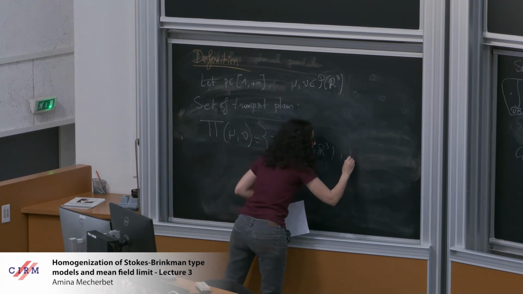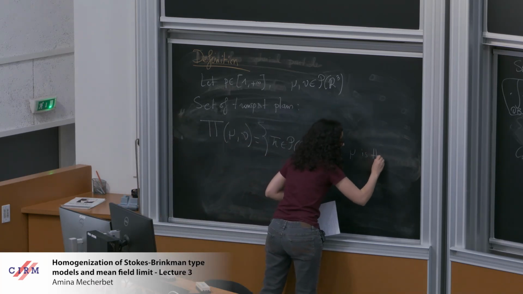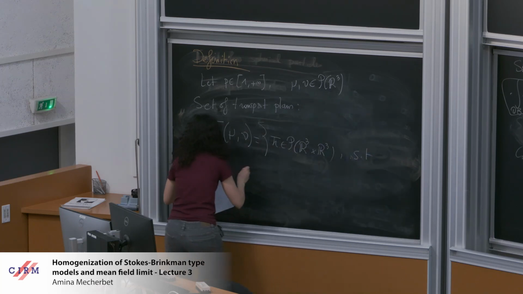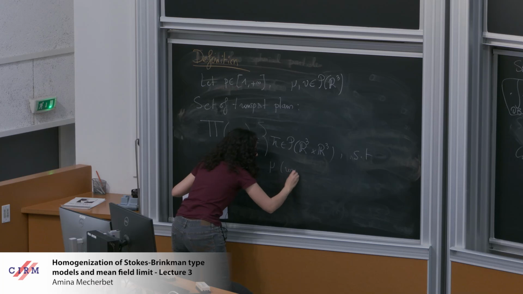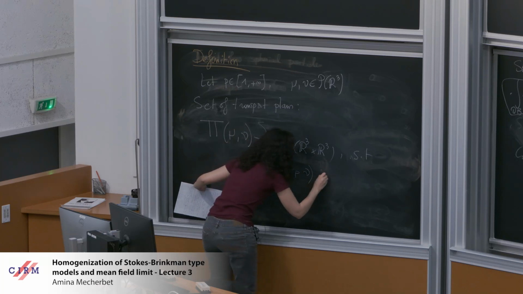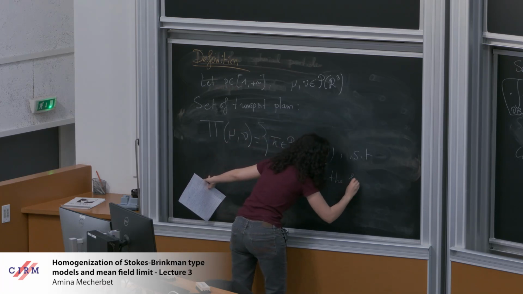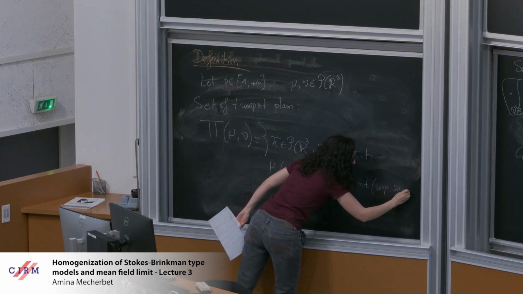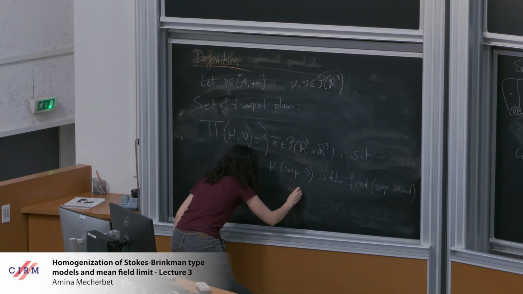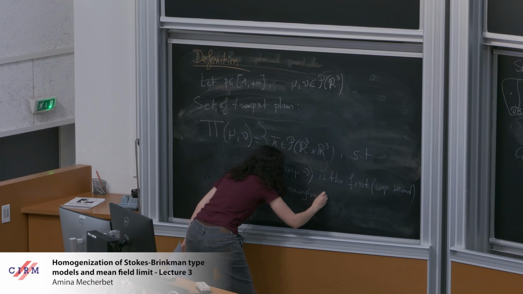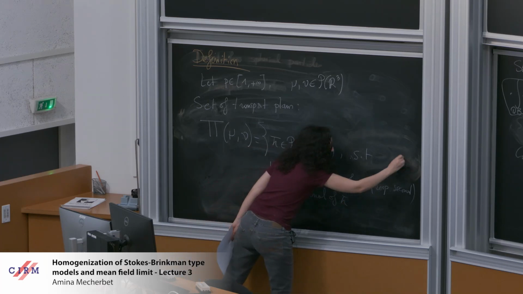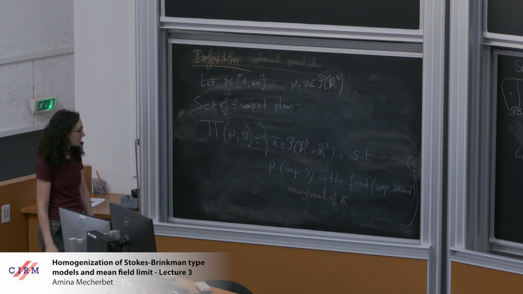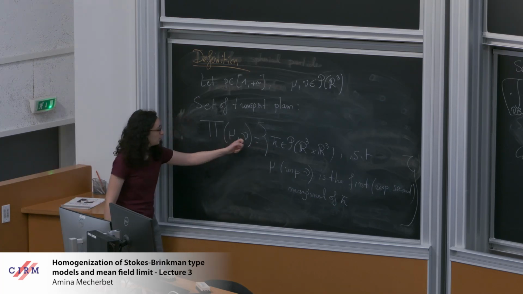Let's say such that mu, respectively nu, is the first, respectively second, marginal of P. So these are transport plans between mu and nu.